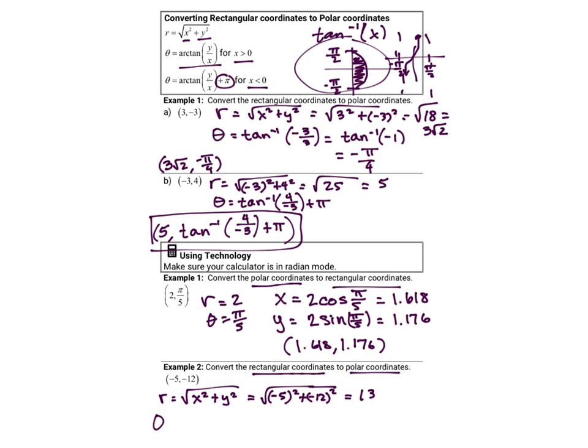And what's theta? Theta is going to be tangent inverse of y over x. X is negative here, so plus pi. Put that on your calculator. Tangent inverse of negative 12 over negative 5 plus pi. You could probably just put 12/5 and not put negative 12 over negative 5.